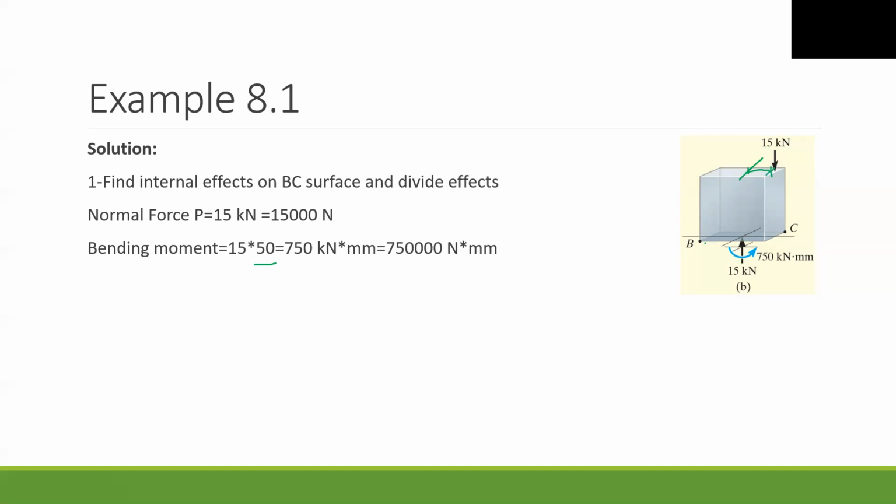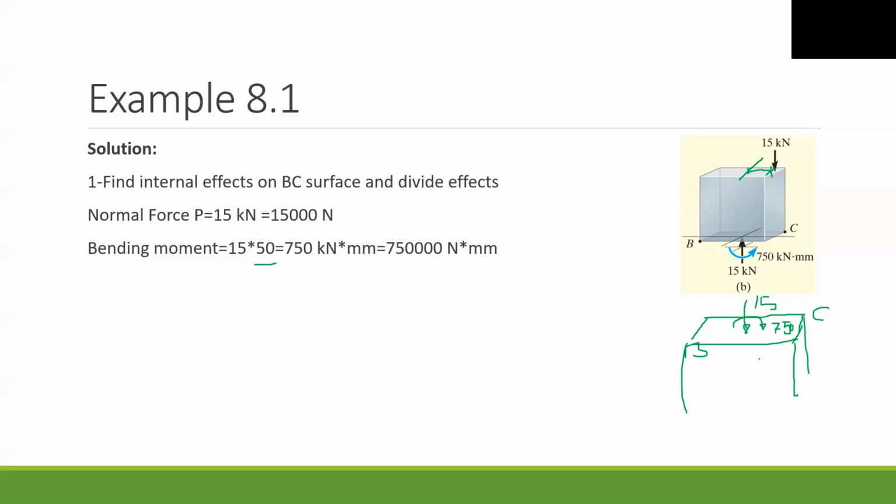Hocam, why in the book are they taking this section? Hocam, can we do this like this? For example, if we go to the upper surface, we can move the 15 kilonewton like this, and if we choose the moment like this, and say point B and C like this, this illustration is also correct.